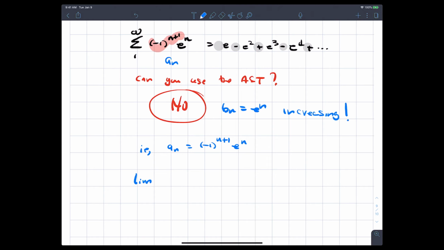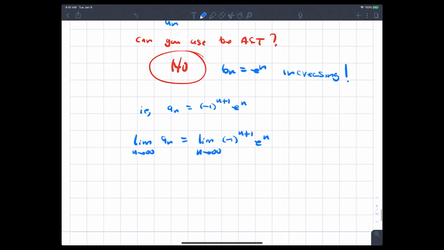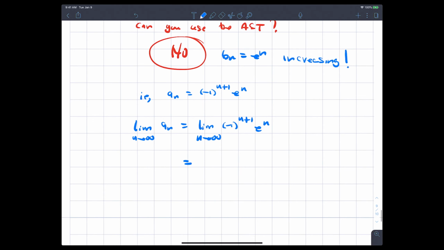So when I take the limit of AN, which is the limit of negative 1 to the n plus 1 e to the n as n gets big, you say, what does it go to? It goes to plus and minus infinity. Why? Well, e to the n gets big as n gets big. And so if you include the alternating component together, that limit goes to plus or minus infinity. Well, what does that mean?